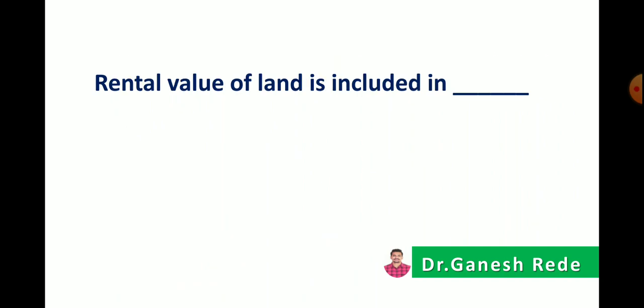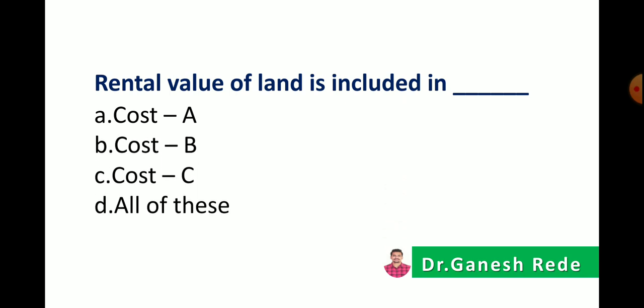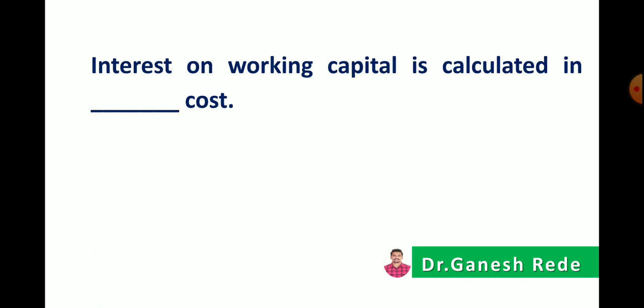Next: rental value of land is included in option cost A, cost B, cost C, or all of these. The correct answer is rental value of land is included in cost B. The next: interest on working capital is calculated in dash dash cost.